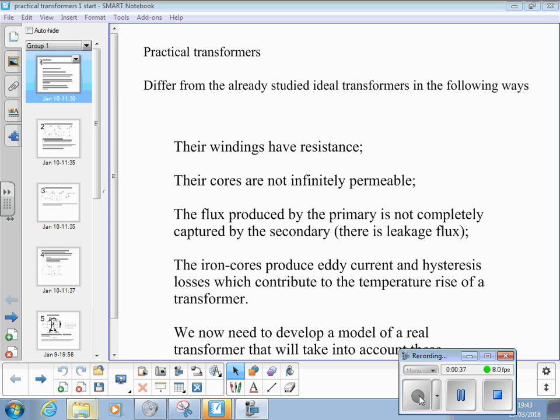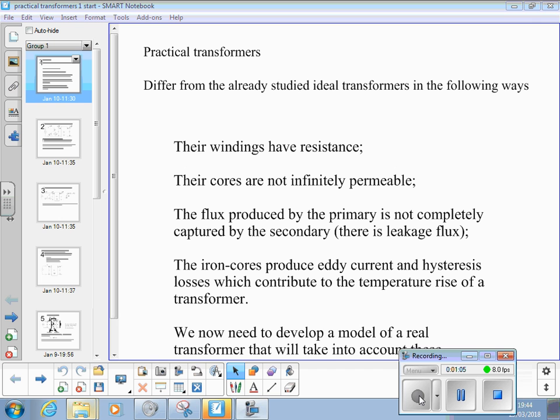Eventually they'll saturate. The flux produced by the primary is not completely captured by the secondary, i.e. their leakage flux, and equally the flux in the secondary is not all captured by the primary, so that linkage is not perfect, as leakage flux in a real transformer.